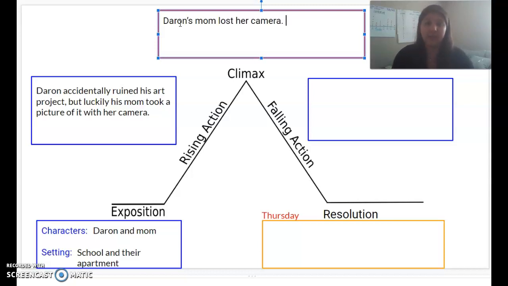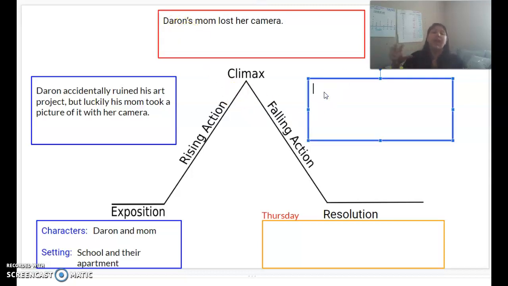So that was the spike of the moment. The reason was that Darren wanted to show his dad, who was out of town, his art project. And he didn't have his art project done because it broke, right? He dropped it or it got ruined. And then the mom lost the camera with the proof of the art project on there. So that was the climax of that.